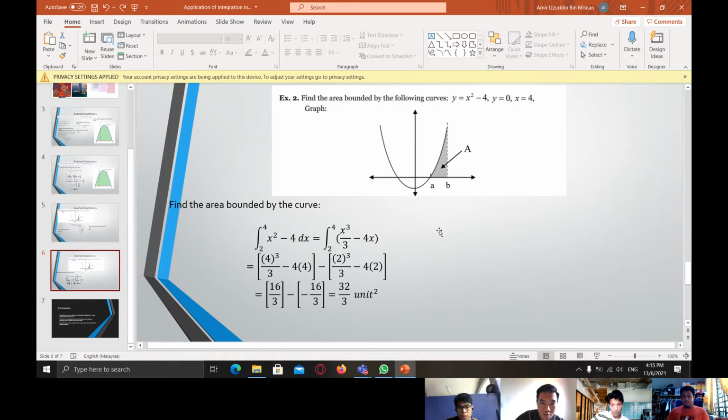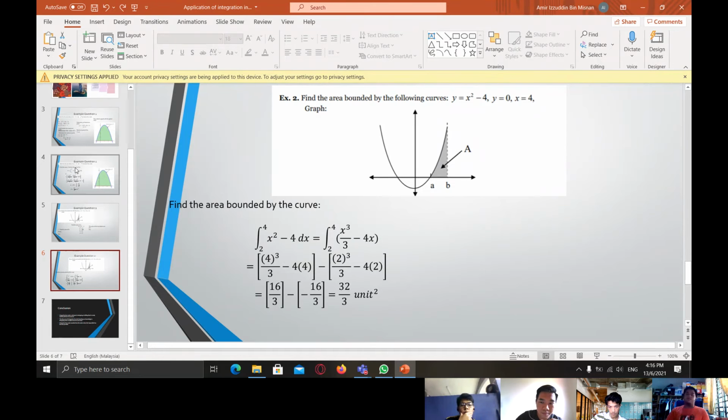Evaluating from 2 to 4: 4 cubed over 3 minus 4 times 4, minus 2 cubed over 3 minus 4 times 2. The answer is 16 over 3 minus negative 16 over 3, so the answer is 32 over 3 unit square.